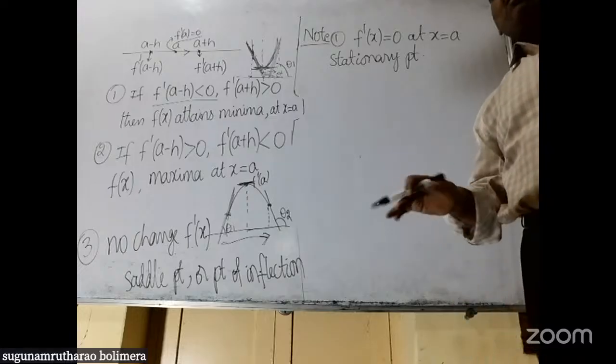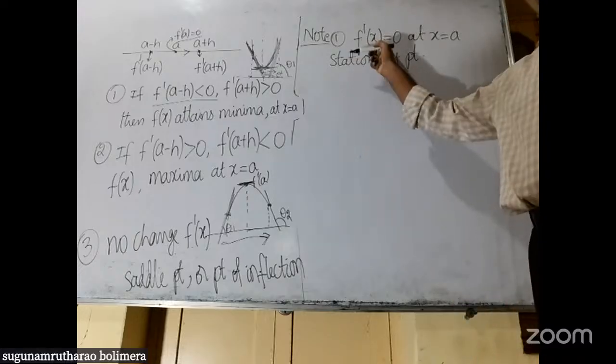You may or may not get a turn. Only the first derivative is 0.